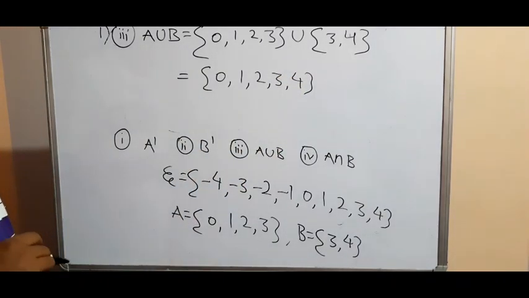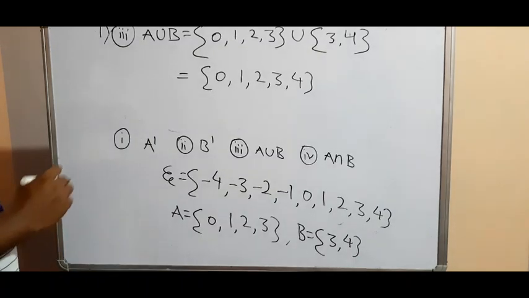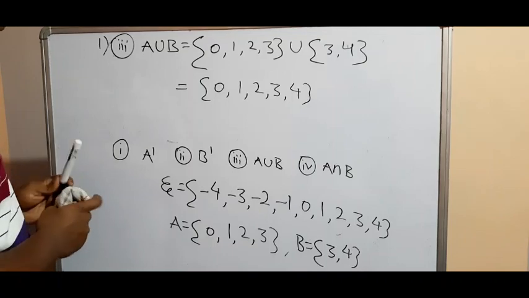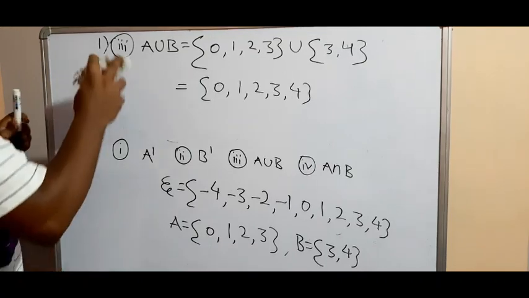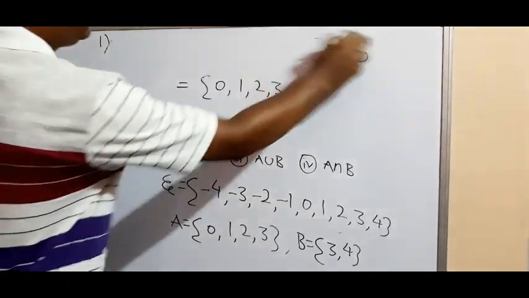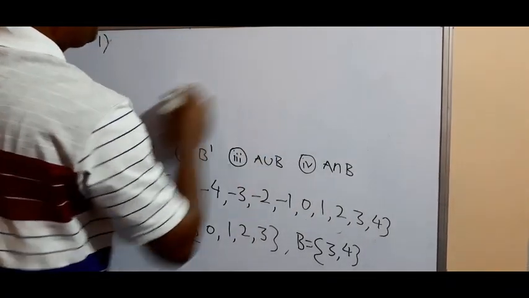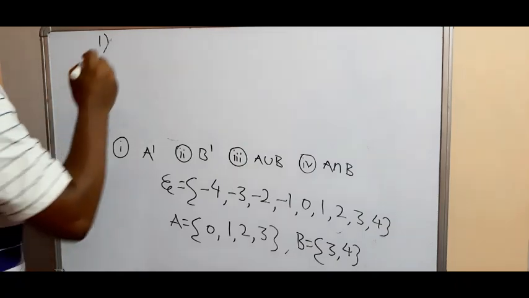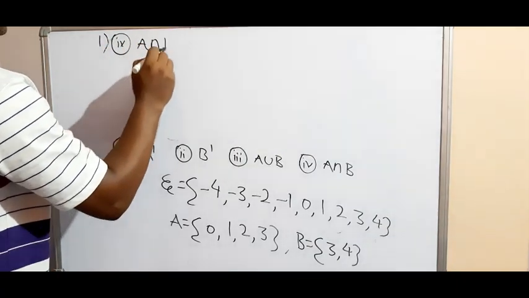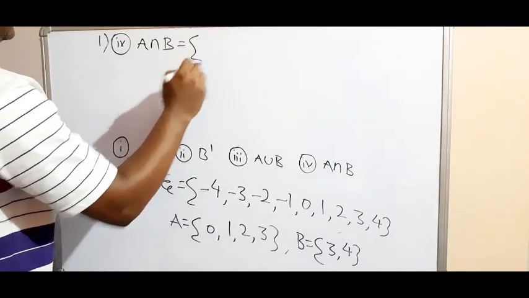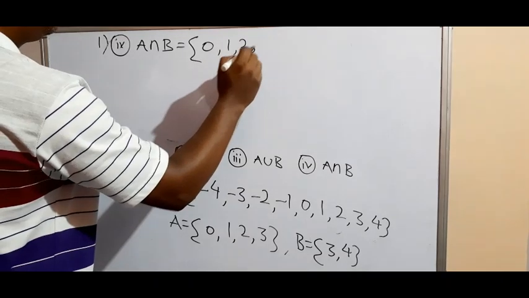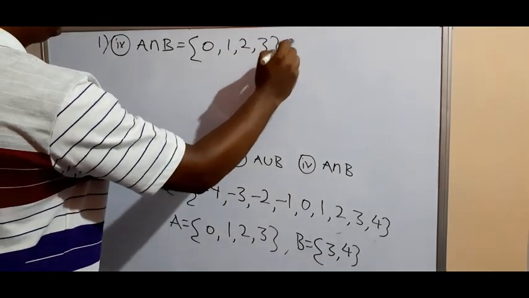Understood? Clear? Now A intersection B, part 4. We have to see how to do A intersection B. So here, part 4, A intersection B. A elements are what? 0, 1, 2, 3.